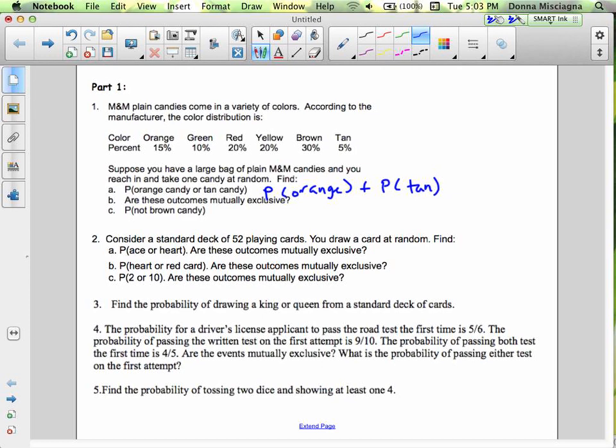Are the events mutually exclusive? So if things are not mutually exclusive, there's overlap. Mutually exclusive means no overlap. There's nothing in both categories.